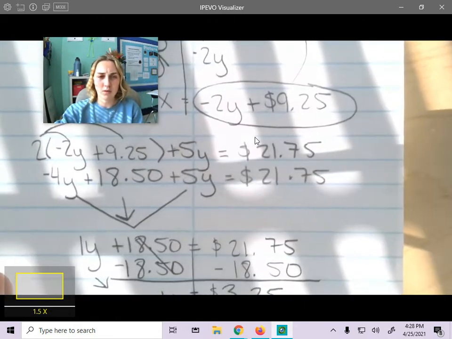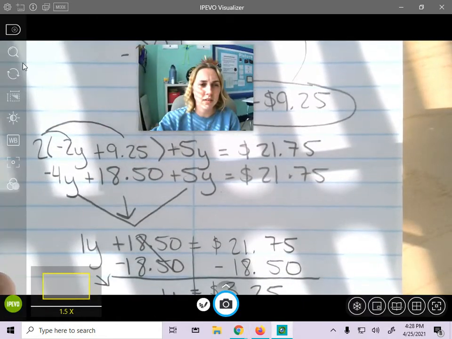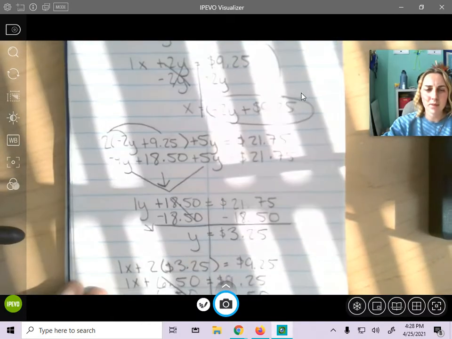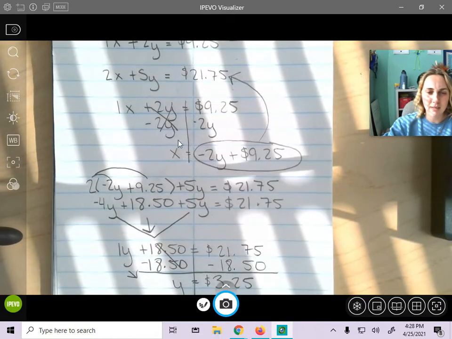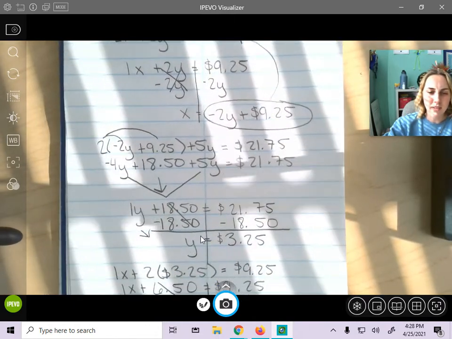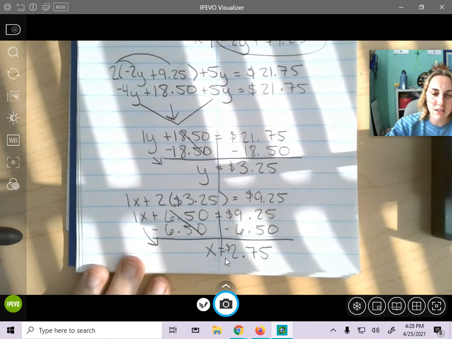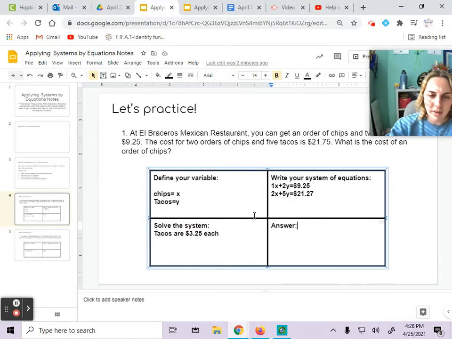So I'm going to make this smaller so you can see the whole shebang. I solved x by itself, substituted it in. Once I got my y value, I was able to substitute it into one of the original equations to solve for x. So what I have right here is my x value is chips.